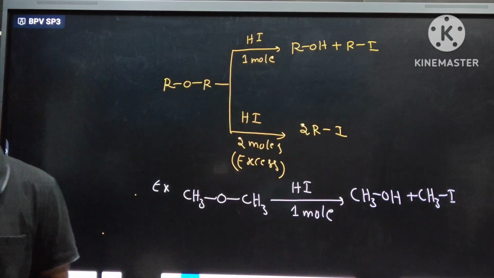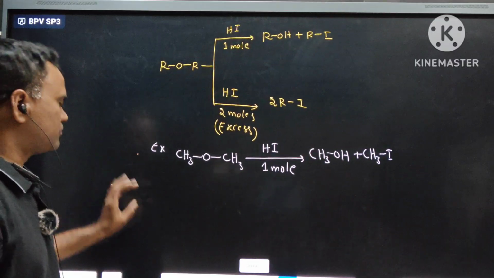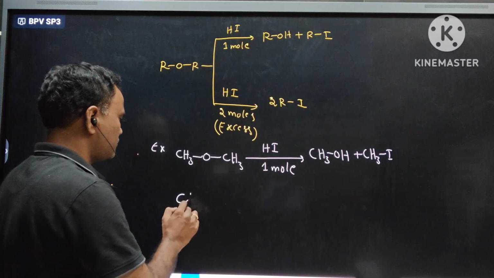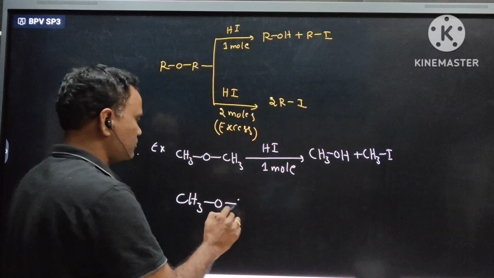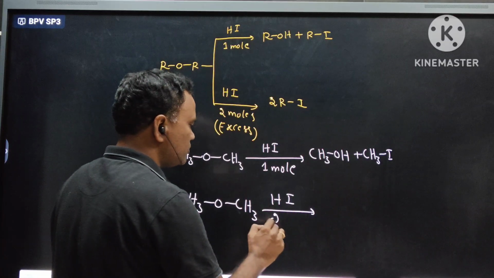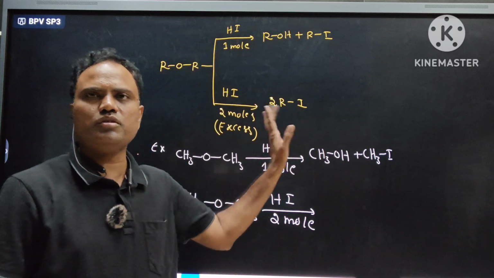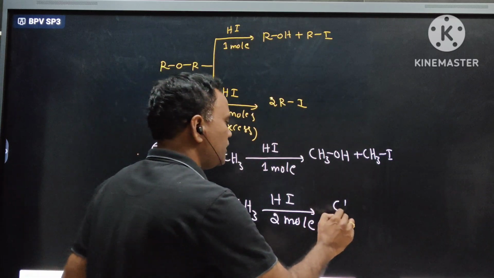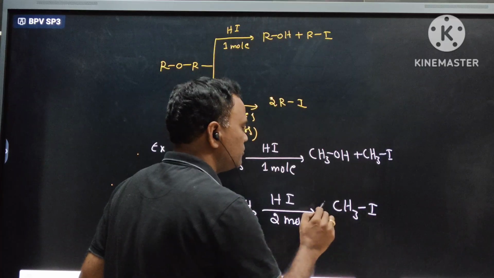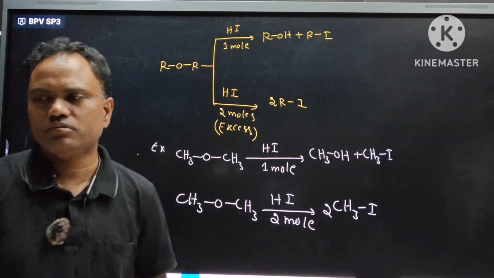With HI, 2 moles, or excess, then what will we get? 2 moles of methyl iodide only. 2 moles of methyl iodide is formed. With excess and with 1 mole. Note down.